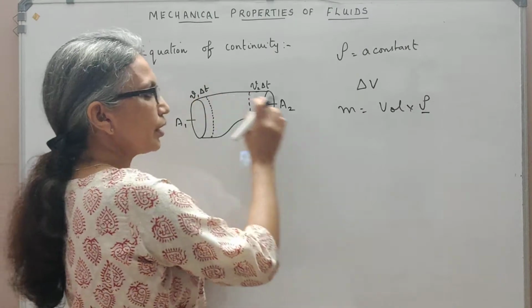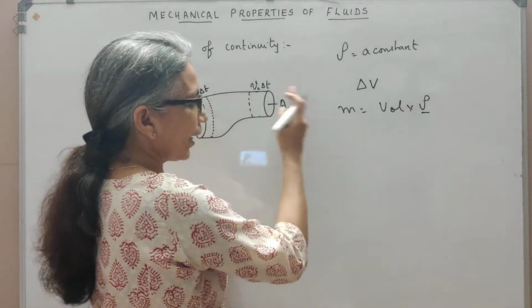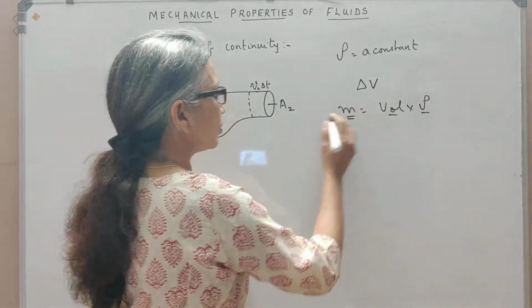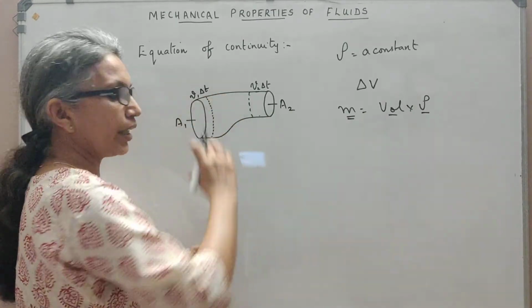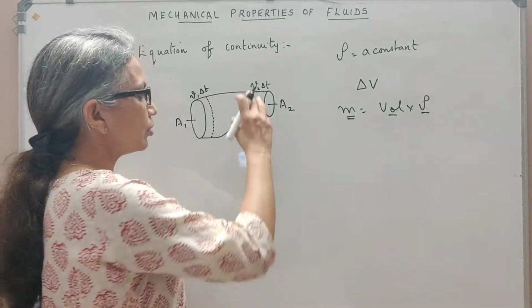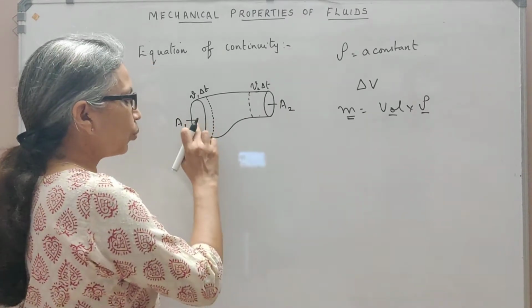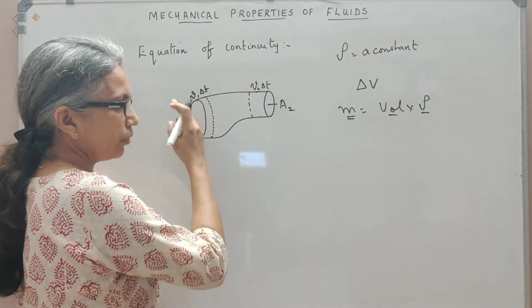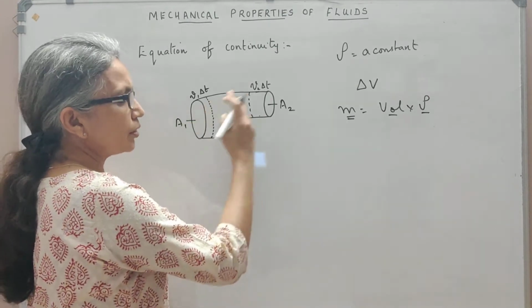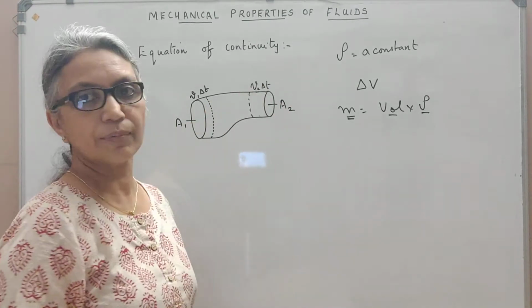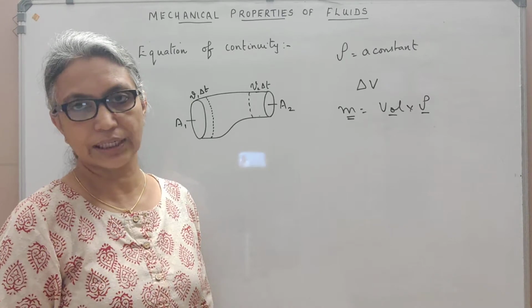We know that the mass of fluid entering at end A must be the mass of fluid coming out at the other end B. For example, if 1 kilogram of fluid enters, then 1 kilogram of fluid must come out of the pipe in that time interval delta t.